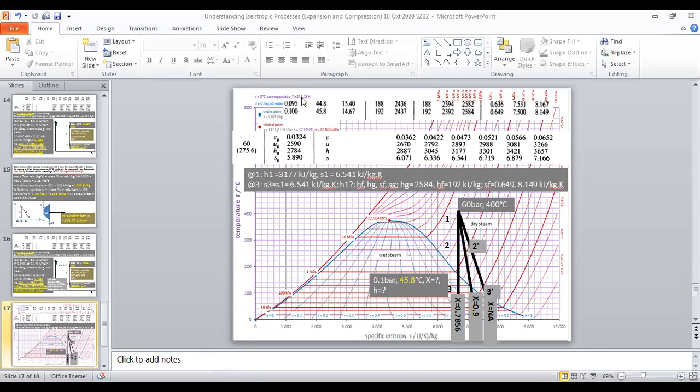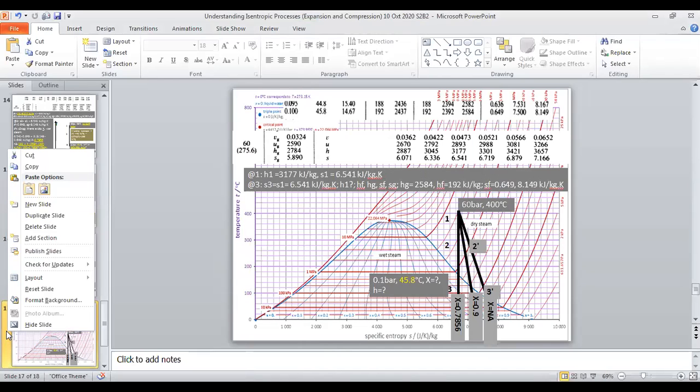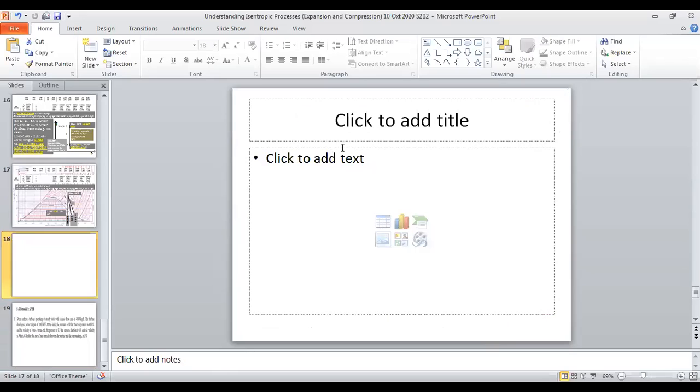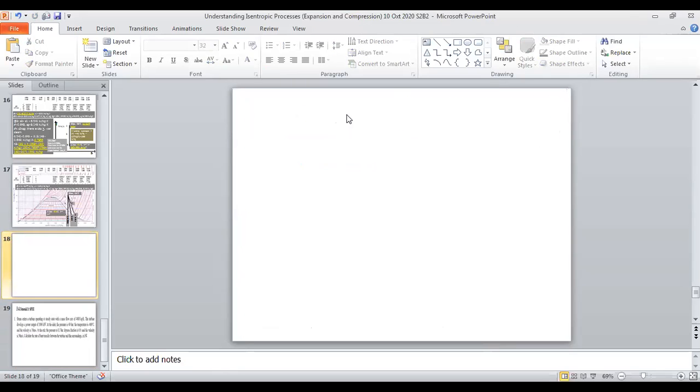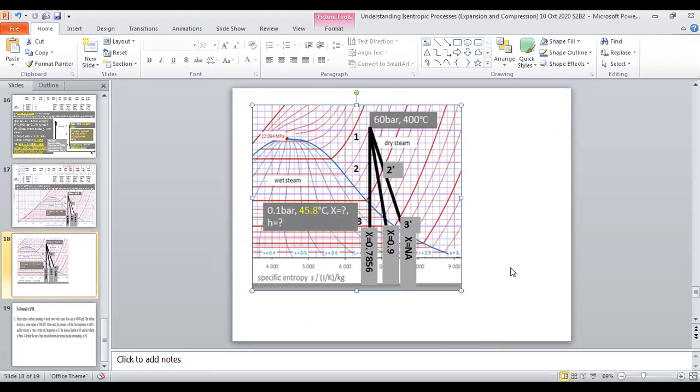I take this part. Okay. So here, lowest enthalpy here.